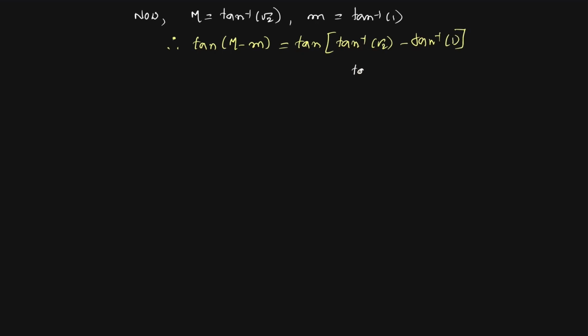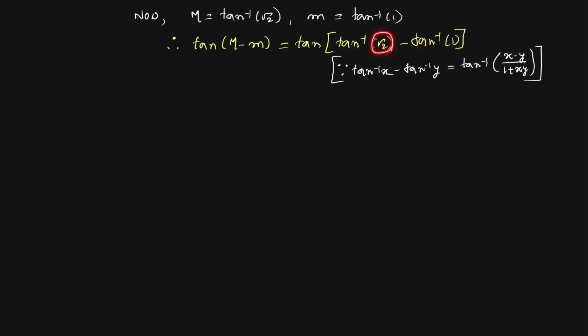So we know that tan inverse x minus tan inverse y is equal to tan inverse of x minus y divided by 1 plus xy.